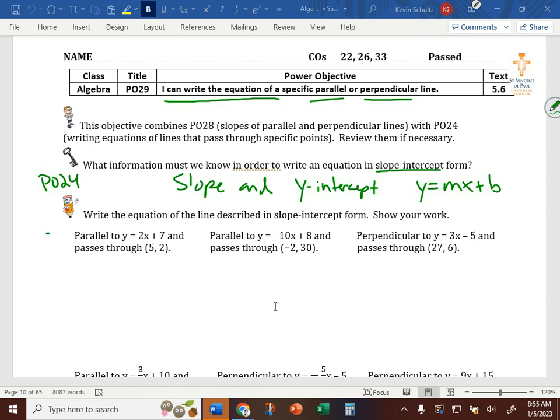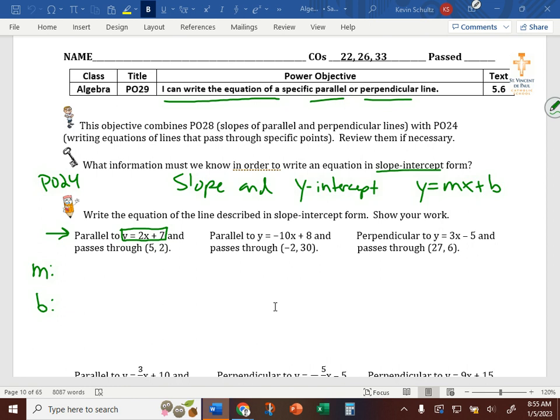Because if I tell you that your line needs to be parallel to the given line of y equals 2x plus 7, and your line has to pass through the point (5, 2), again, we're looking for the slope and the y-intercept. If your line's parallel to y equals 2x plus 7, what's the slope of your line going to be? 2. It's the same, right?